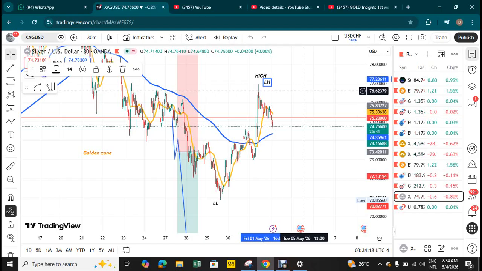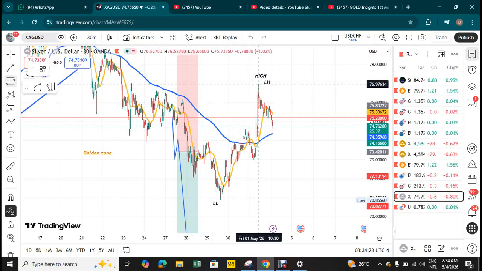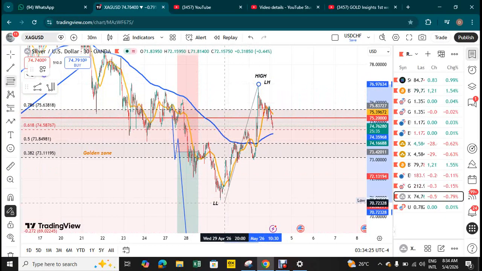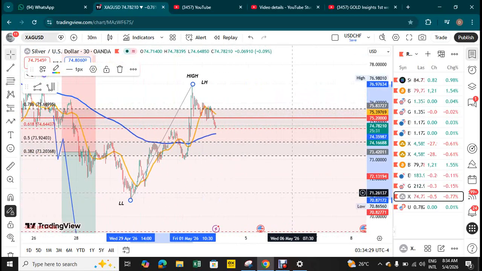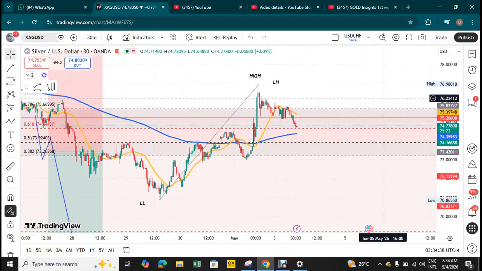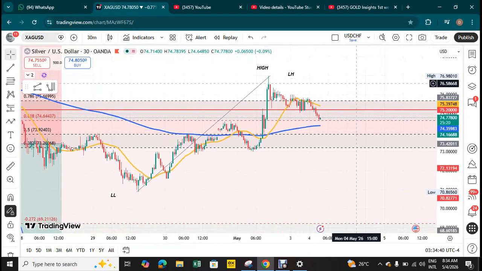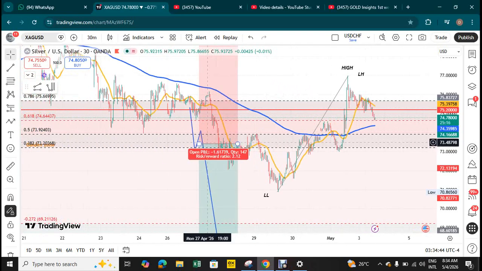Okay, so let's move on. We're going to go on our Fibonacci retracement tool. Because we are selling, it's going to be from the high to the low. All right, now we have our Fibonacci retracement tool set. Now our golden zone, we know where it's always at.